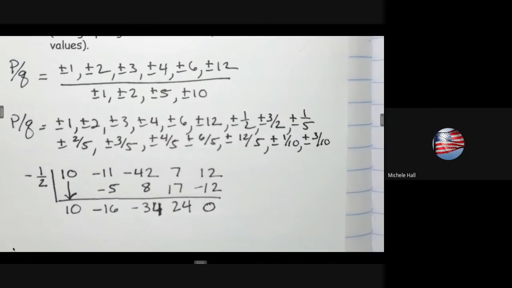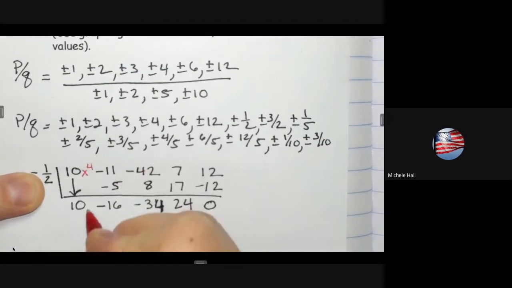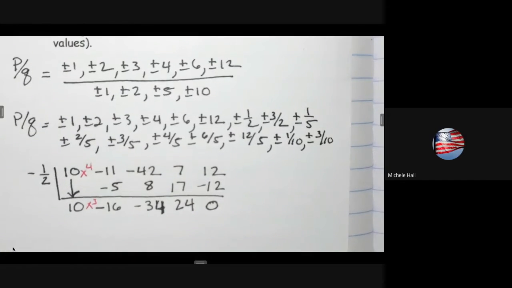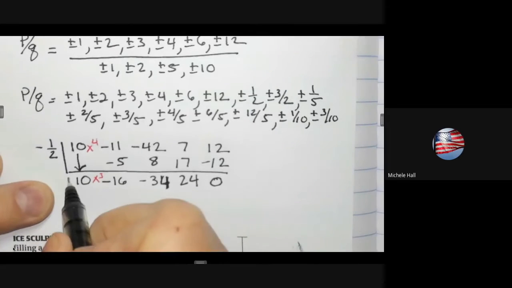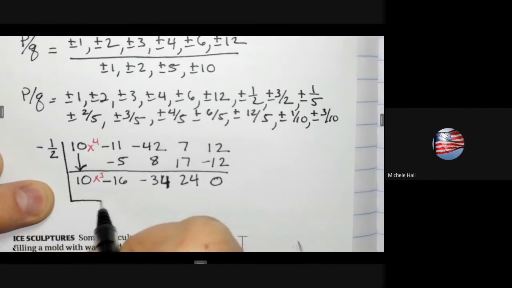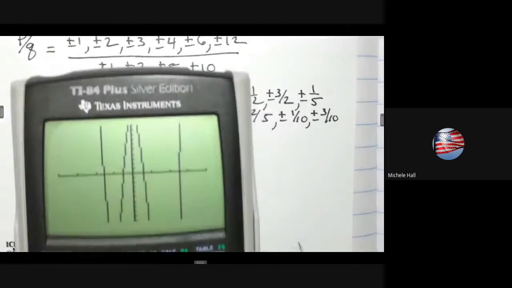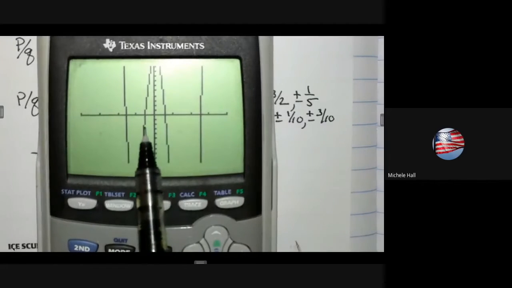All right, we found our first 0. Again, this is a degree 4, and we are now down to a degree 3. We need to continue with the synthetic division. Let's see, what would be a good 0 to try? We got -1/2.